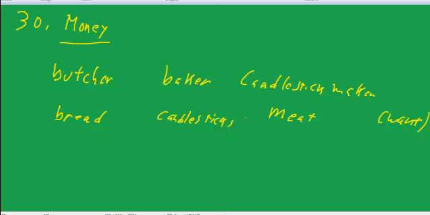Well, they can't trade with each other using their own products. The candlestick maker has candlesticks, but the butcher doesn't want candlesticks. The butcher has meat and wants bread, but the baker doesn't want meat, instead wants candlesticks. So you can see what the problem is.